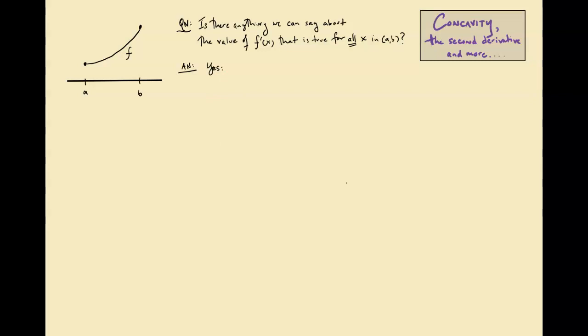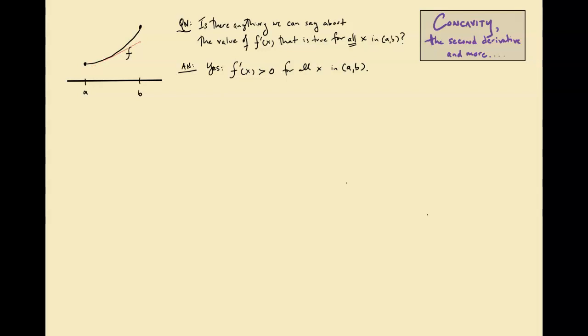Yes, there is something we can say about this function's derivative that holds for all values of x in that open interval. Namely, the value of the derivative will be positive for all x in that open interval. This holds because this function is increasing throughout this whole interval. As we move from a to b, the value of the function keeps getting larger, which means that in the infinitesimal neighborhood of any point on that graph, the graph just looks like a straight line with a positive slope.